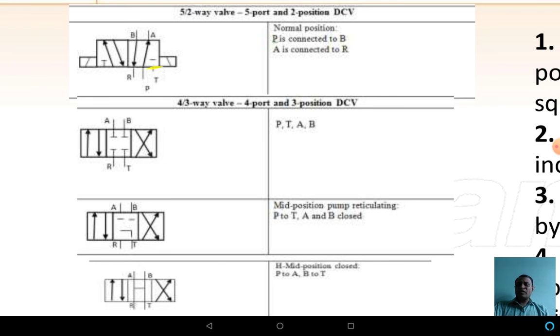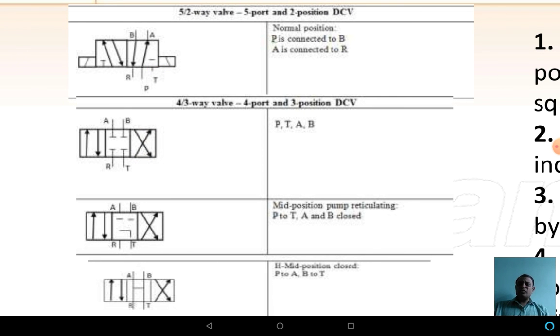The next one is five-way valves, five ports as well as two positions. Here in this case, P is connected to B and A is connected to R. P is connected to A and B is connected to R. R is another port which has been added. But here in this case, only the two positions it can be.